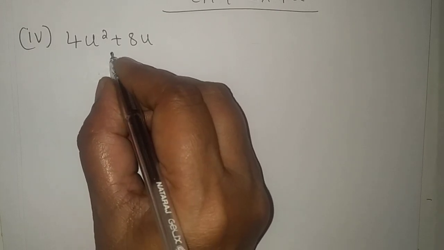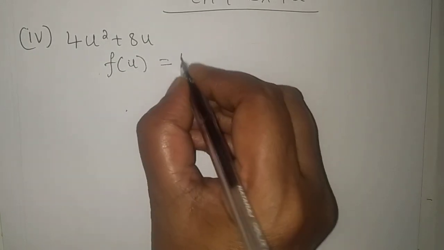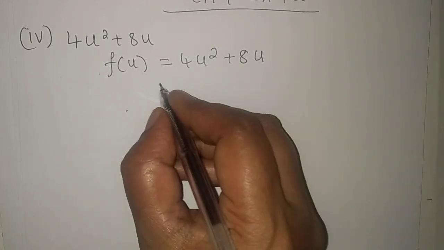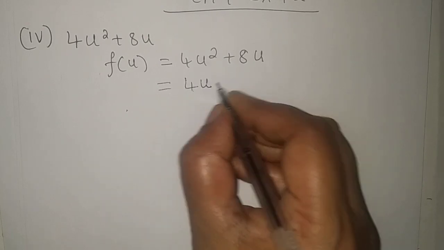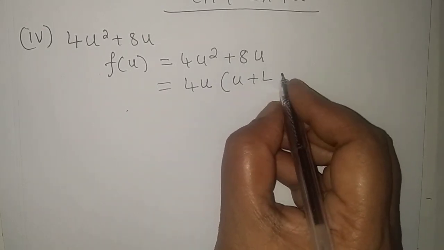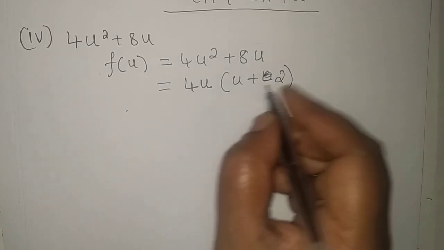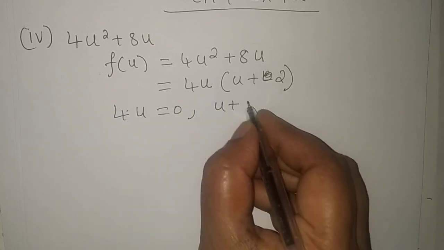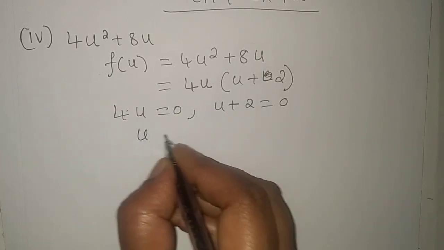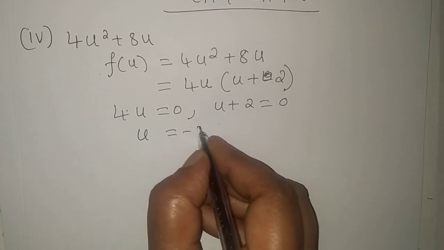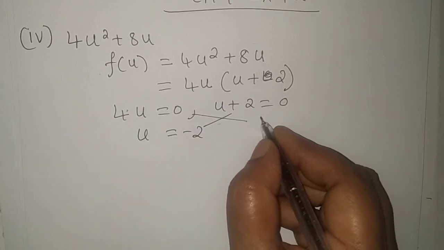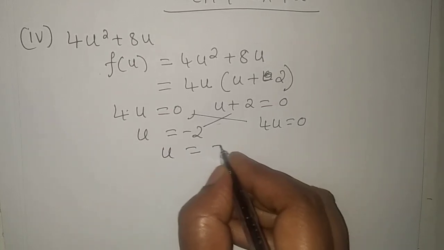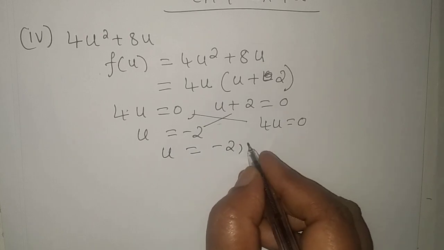This can be written as f of u is equal to 4u square plus 8u. In this equation take 4u common: 4u times u plus 2 will be the result. Now this can be written as 4u is equal to 0, u plus 2 is equal to 0. So u is equal to minus 2, and 4u is equal to 0 or u is equal to 0. Therefore u is equal to minus 2 or 0.